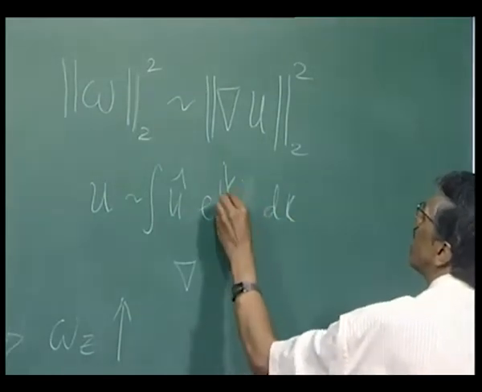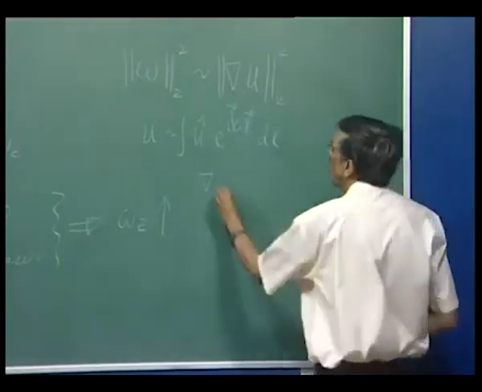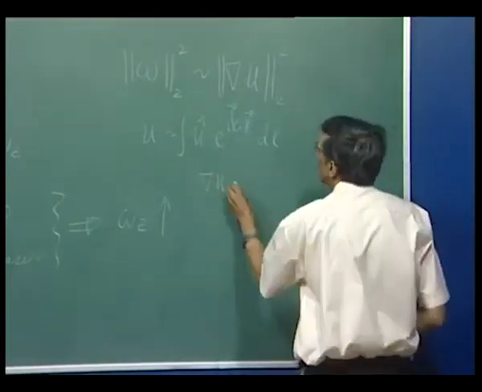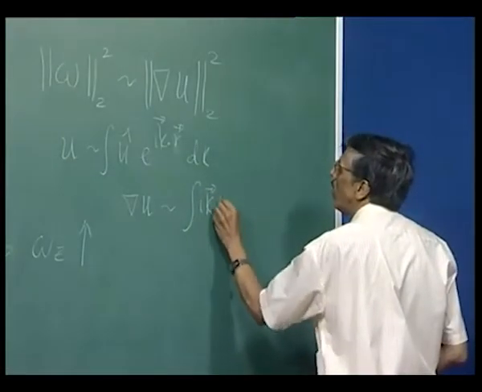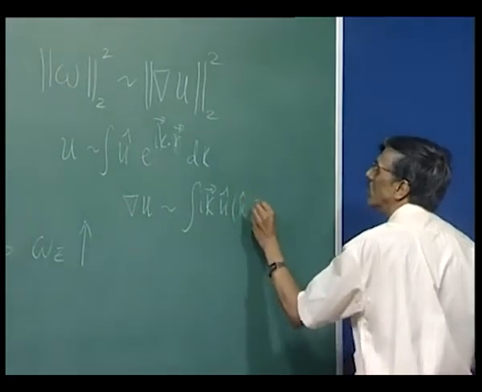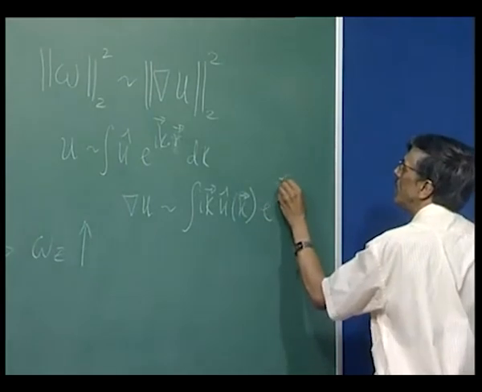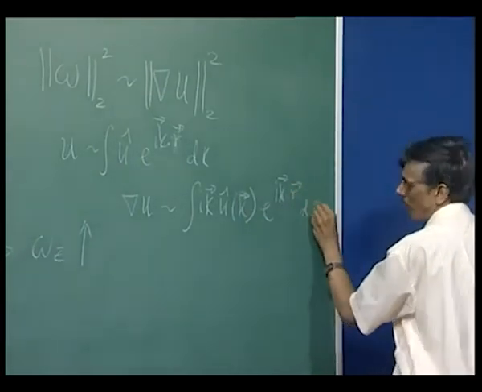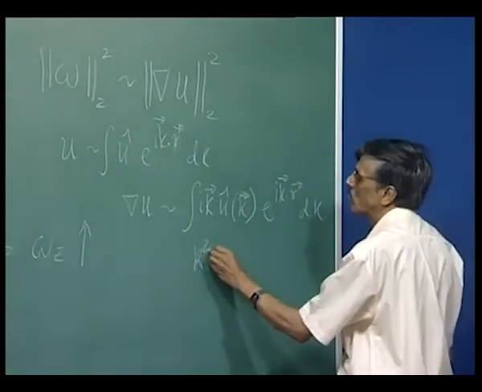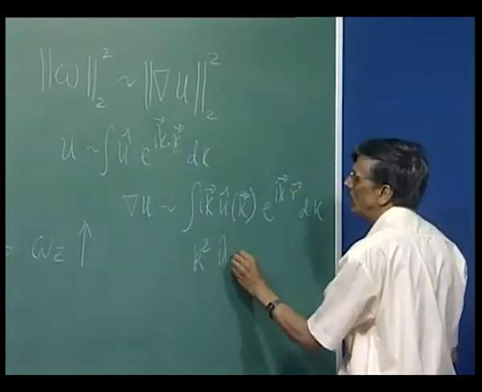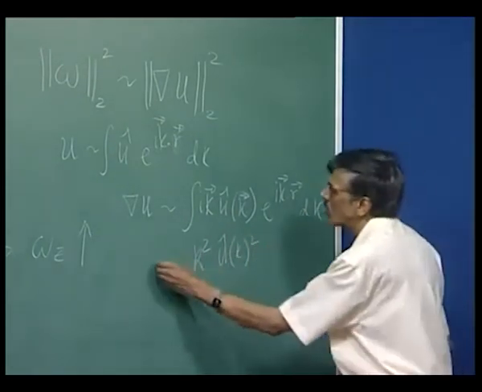I could write it as k vector dot r vector. Then this would be proportional to i k vector u hat, which is a function of this k vector, times e to the power i k dot r d k. Now, if I square it up, I can see that this is going to go like k square times this.